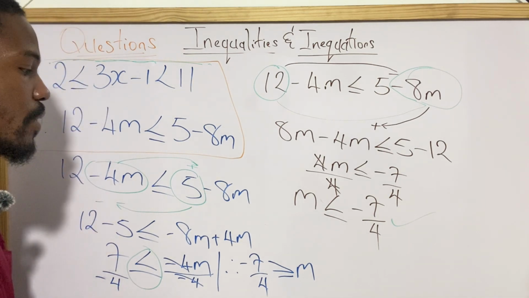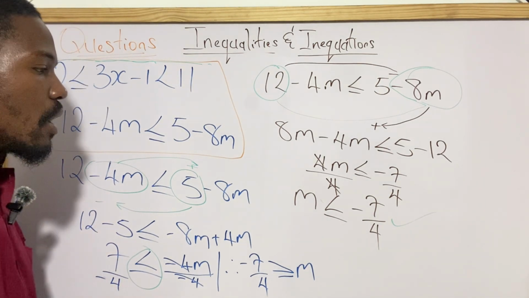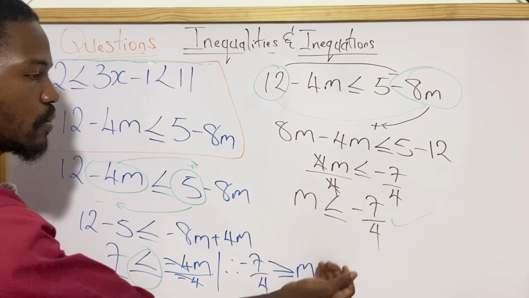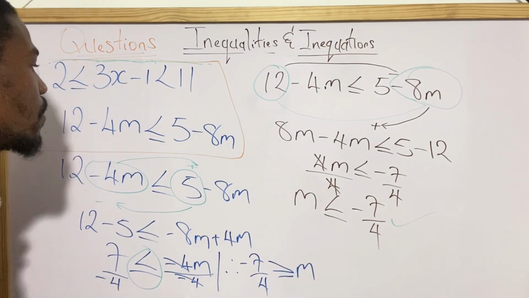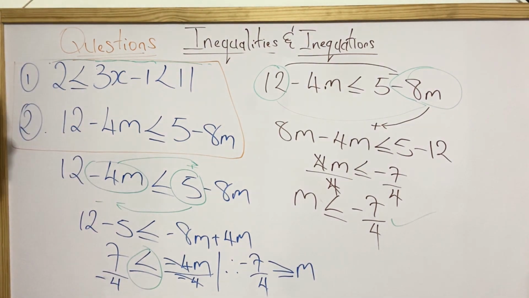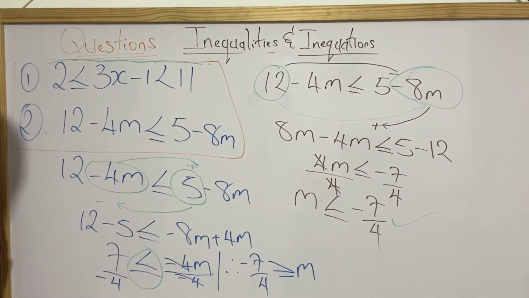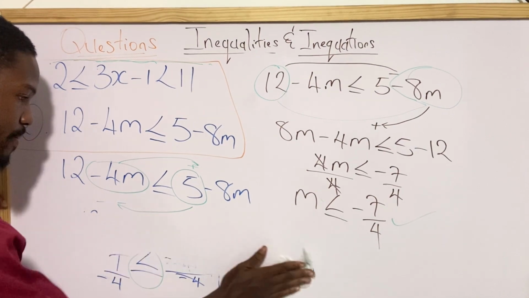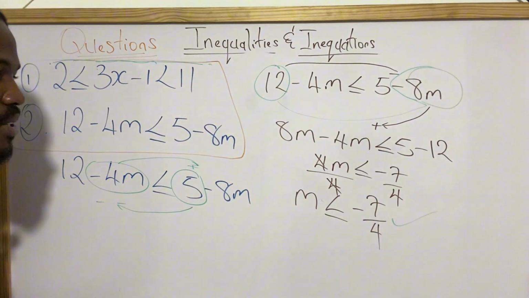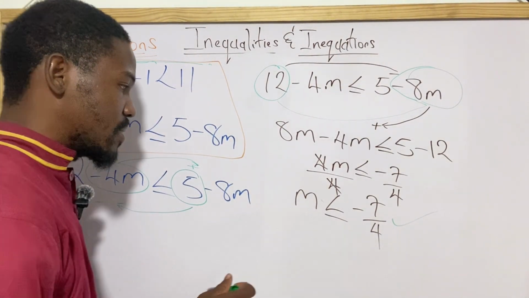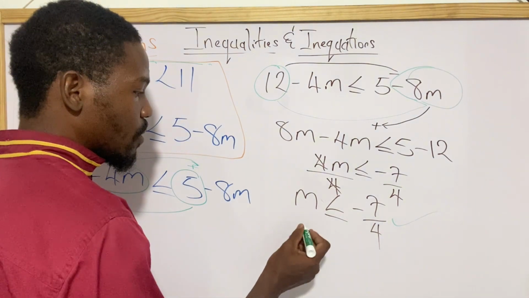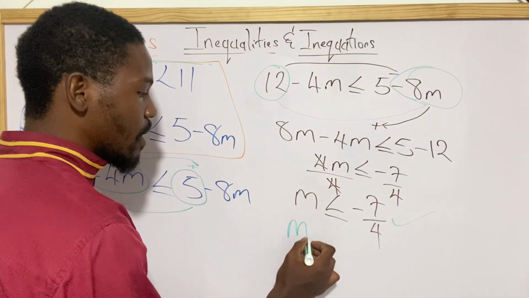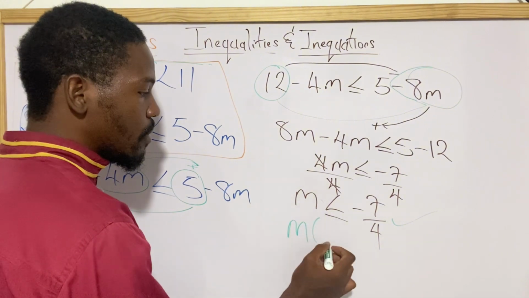If you want to do a further check to see if these two are now correct, we can go ahead and do a little check, right? If we plug in the information, I'm going to use this space right here. So if m is less than or equal to negative 7 over 4, then m could be any number.